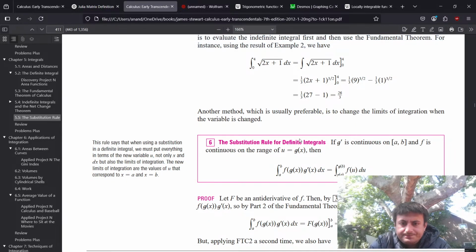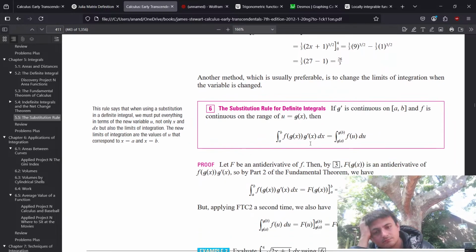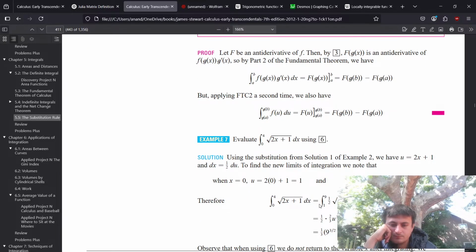No, I didn't know about this. Where does the 1/2 come from? Oh, dx equals 1/2 du.